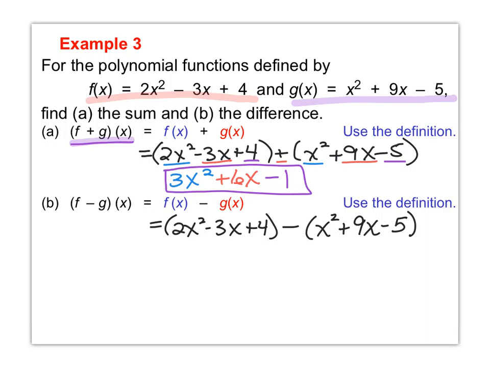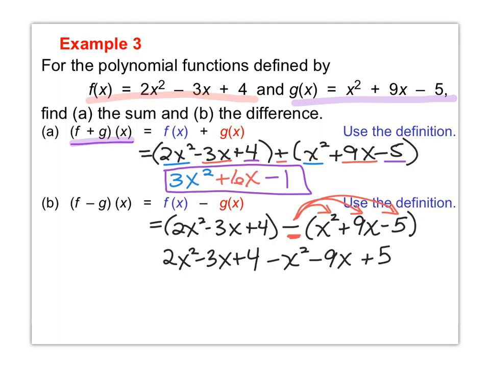I am subtracting the entire quantity. I'm subtracting each one of those terms. So I want to make sure I'm taking into consideration that minus sign. So this can be written as 2x squared minus 3x plus 4 minus each of those terms to give me minus x squared minus 9x, and then that minus a negative 5 is a plus 5.